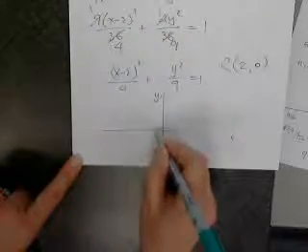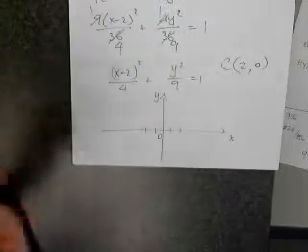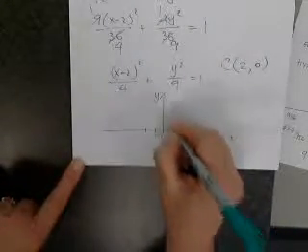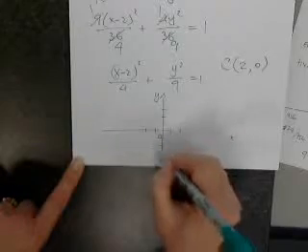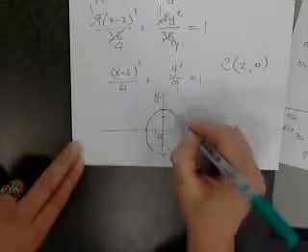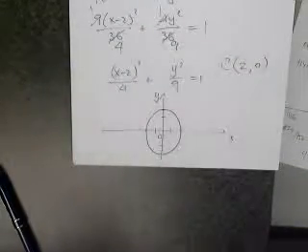So it will be, don't graph this one. I will graph it and shift it after that. Y goes with 3. So this would be the ellipse if it were centered at the origin.